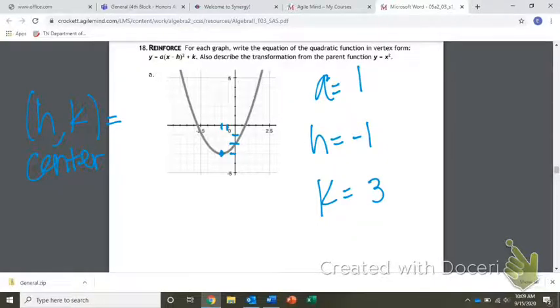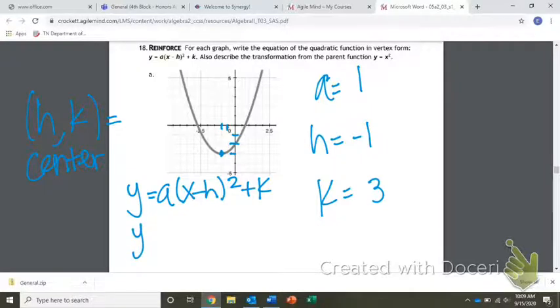Now we have A, H, and K. So we are taking that information and we are plugging it in to this equation. So we are simply saying y equals 1 times x minus negative 1 squared plus k. Well, these two negatives make a positive.